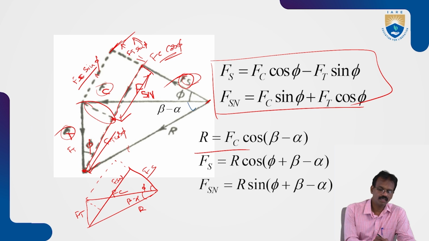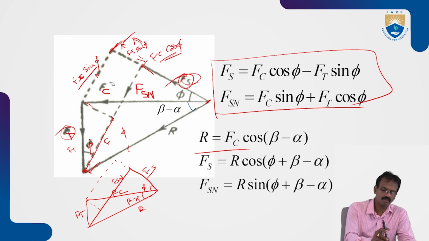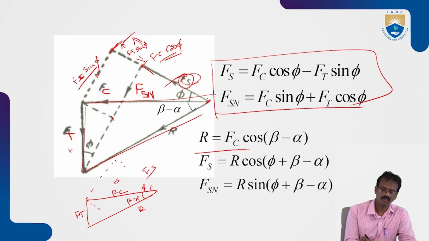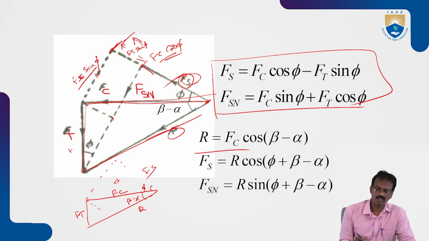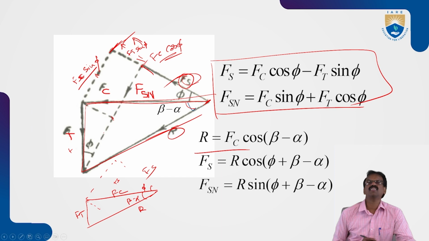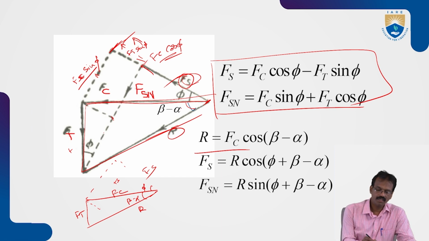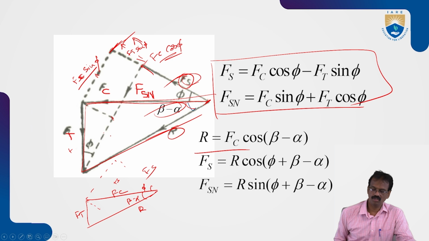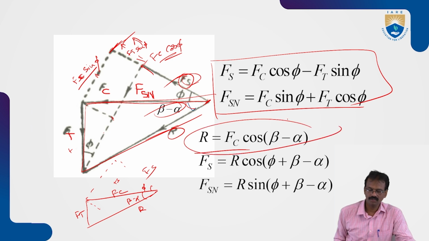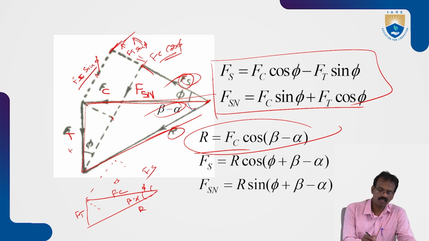If you take this triangle, the resultant R is equal to Fc cos phi, because this is the adjacent side, where the angle is phi equal to beta minus alpha. So this is the formula for the resultant. In a similar manner, by using this triangle or this triangle, you can find out the resultant also.